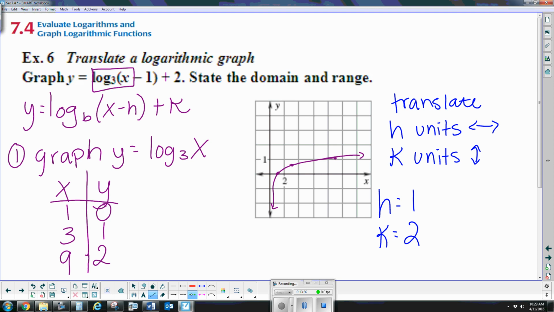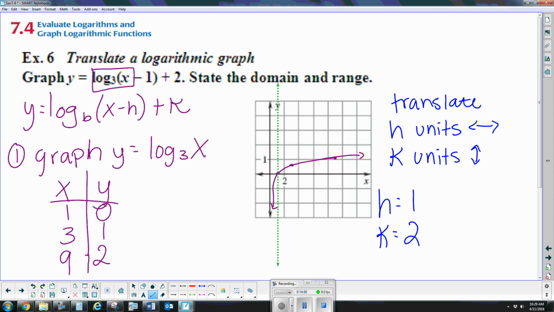That's the first thing that we should do so that we don't accidentally cross that asymptote when we sketch in our graph. Since we're moving it h units to the right, 1 unit to the right, our asymptote changes to the right 1 unit. So now our asymptote is the x equals 1 line.